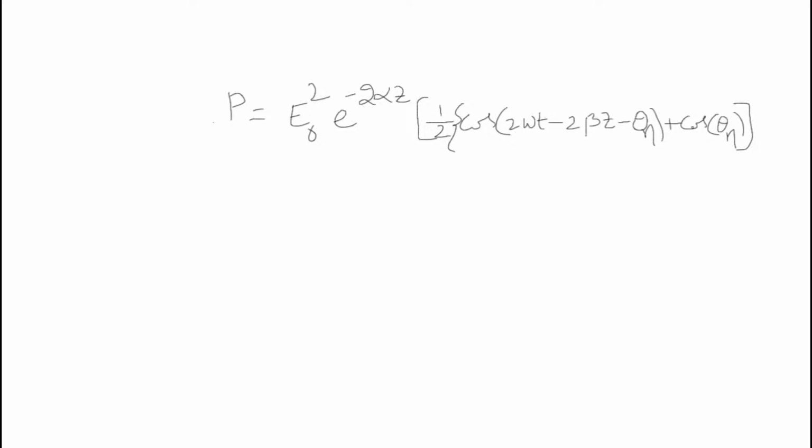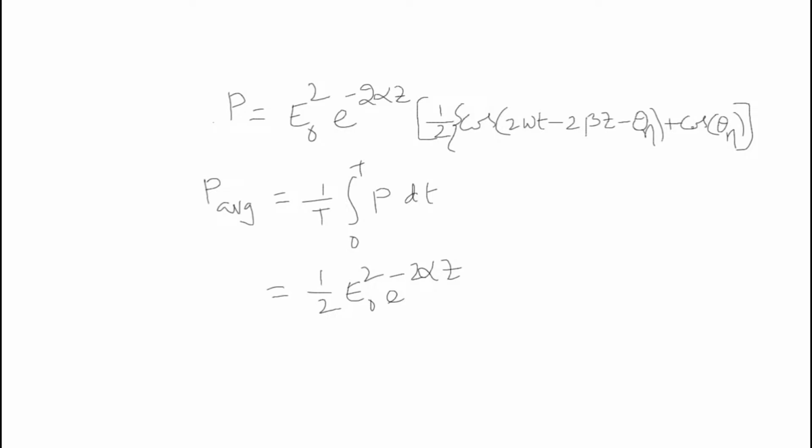Actually, this is the instantaneous value of the Poynting vector, but in order to get the actual value, we need the average value. That average value can be obtained: P average is equal to 1 by T integral 0 to T of this instantaneous value P dt. If you simplify this, the constant 1 by 2, E naught square, and e to the power minus 2 alpha z are all constant with respect to t.